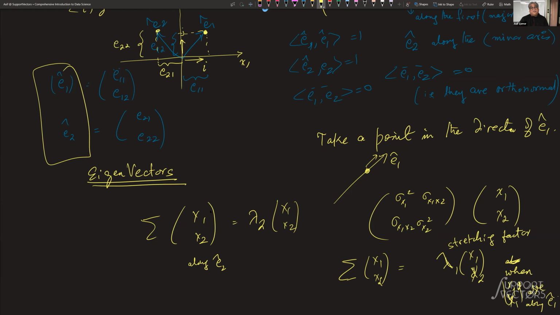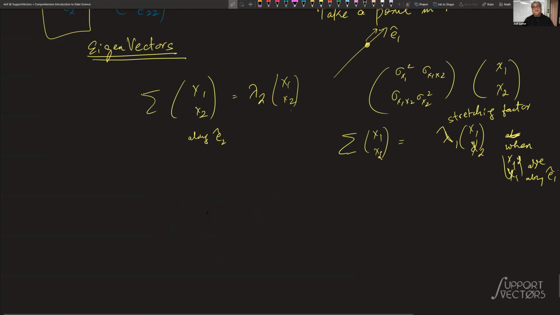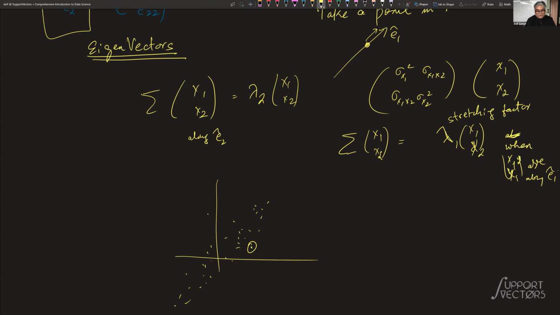However, any other point, absolutely any other point that you take, let's say you take this point, it will have certain coordinates. When you apply this matrix, it will actually go through two things.